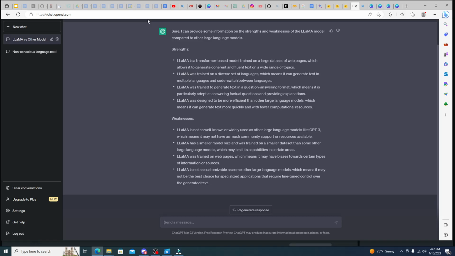Llama has a smaller model size and was trained on a smaller data set than some other large language models, which may limit its capabilities in certain areas. Llama is trained on web pages, which means it may have biases towards certain types of information or sources. Llama is not as customizable as some other large language models, which means it may not be the best choice for more specialized applications that require fine-tuned control over the generated text."